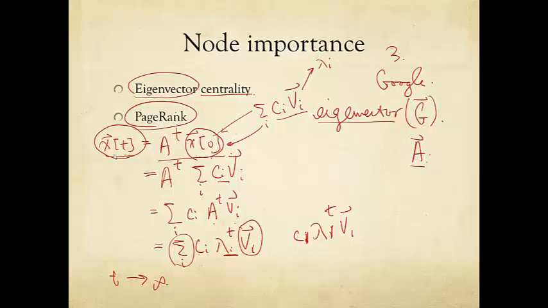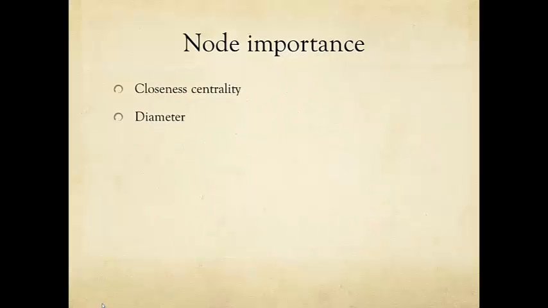In other words, x at time t for large t is approximated by this v1, the dominant eigenvector, the one associated with the largest eigenvalue of matrix A. So we can take the largest dominant eigenvector of matrix A as the second notion of centrality.